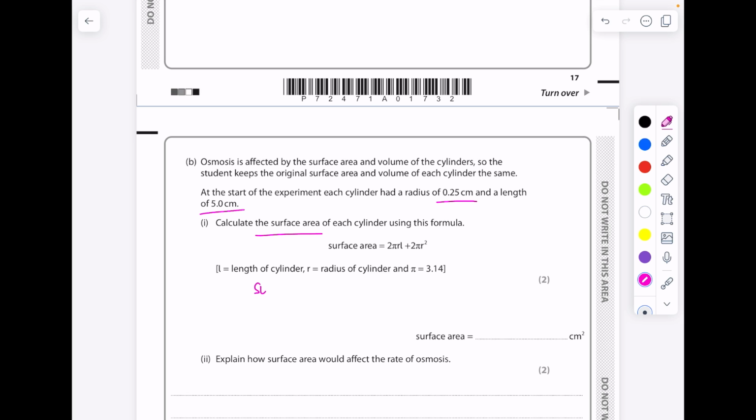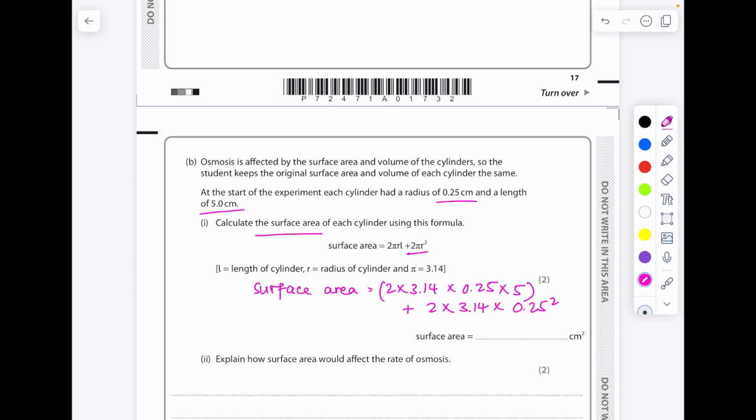Okay, so plug your numbers in nice and carefully. So we're doing 2 pi, they've told us that pi is 3.14, times the radius, which I've been told is 0.25, times the length, which is 5. So let's do that as one calculation, plus 2 times pi again, that's 3.14, times 0.25 squared.